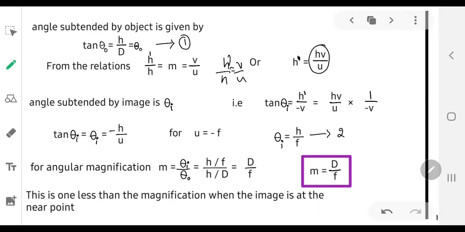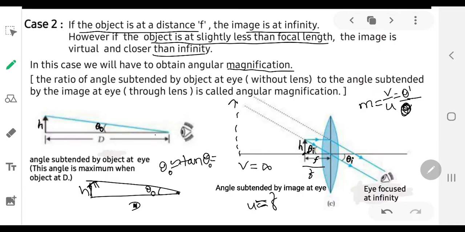Now we'll write the equation for the angle subtended by the image at the eye, theta I. Here is the image, which is forming an angle theta I at the eye. Height of the image is h dash. The distance of the image is v.